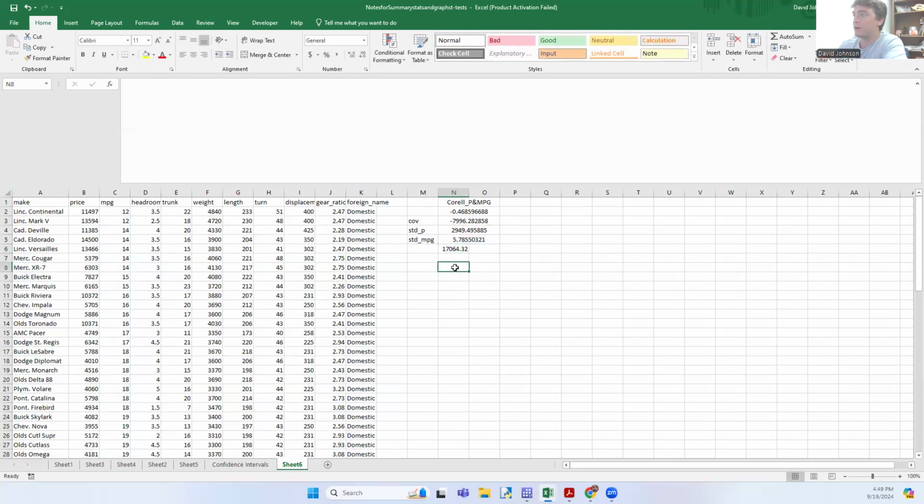And then we're going to take the covariance and divide it by that product. And as you can see, -4686, -4686, perfect. Just for fun, let's see how identical it is. 886695. Yep, it's identical. All right, so this is the product of the two standard deviations.